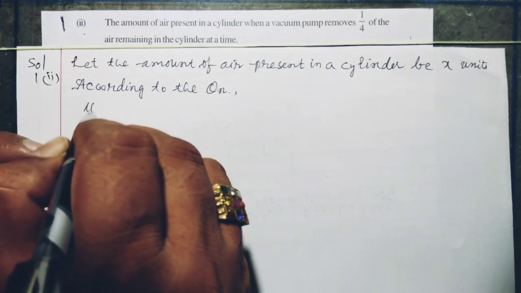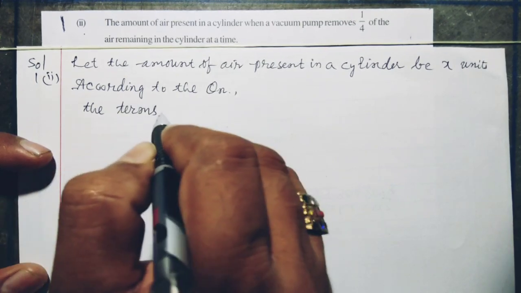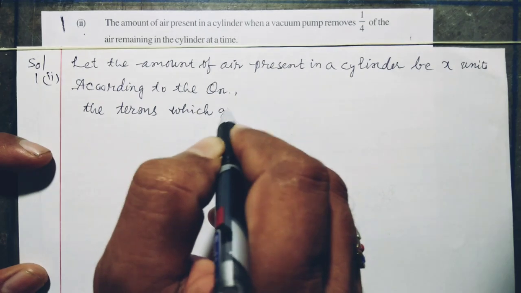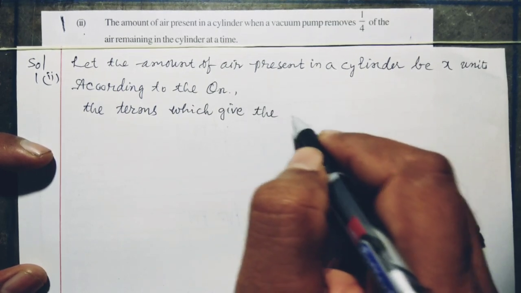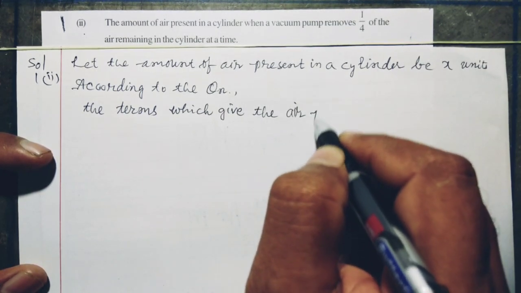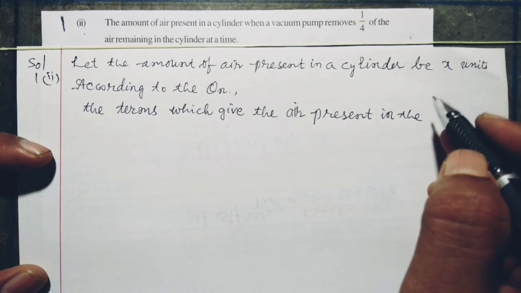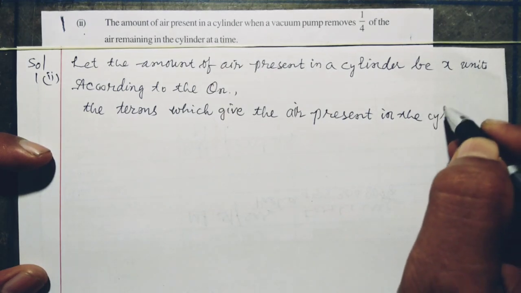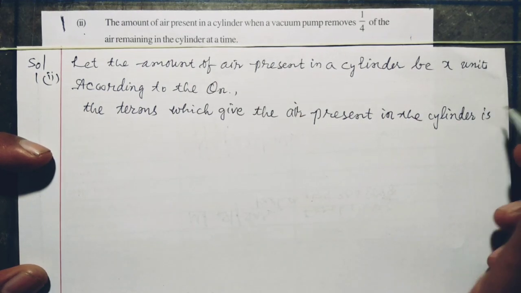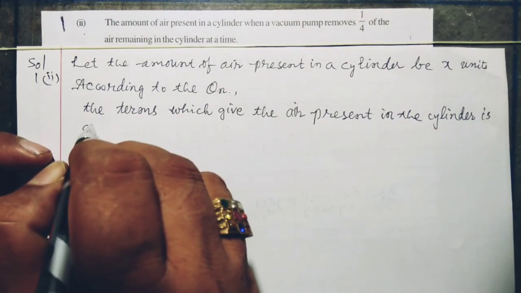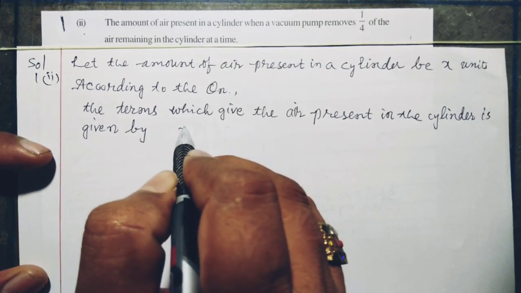the terms which give the air present in the cylinder is given by x.